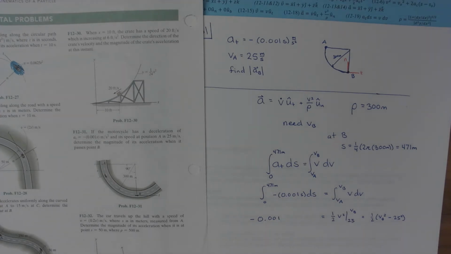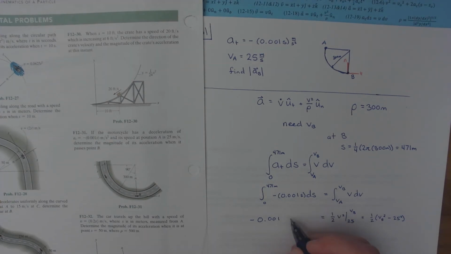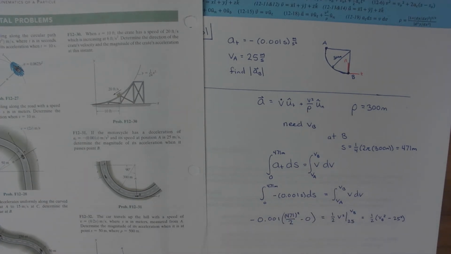When I integrate s with respect to s, I get 1/2 s squared. And if you'll allow me to plug in the limits of integration as I do this, so I don't have to write it over again, we get 1/2 s squared. So I put in the 471. I'm going to leave the units out because I didn't put them in over there. And when I plug in the lower limit of integration, that's just 0.